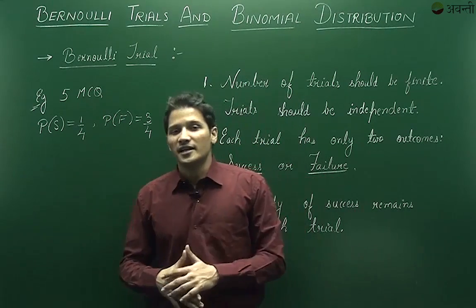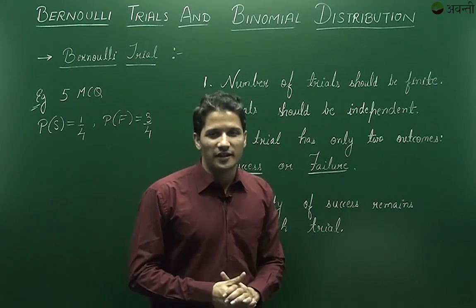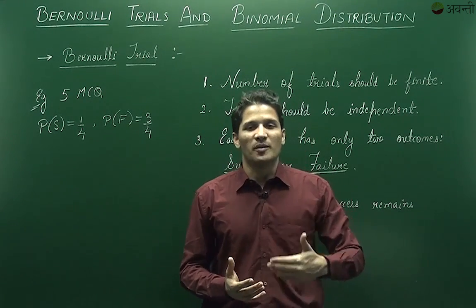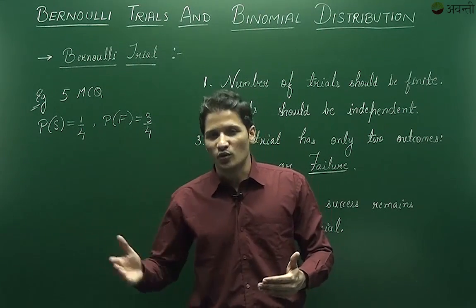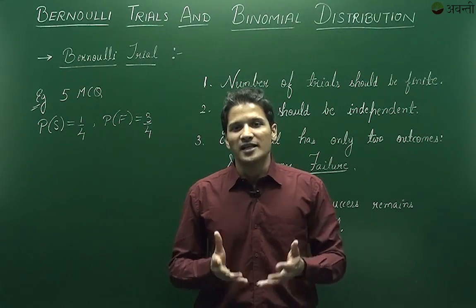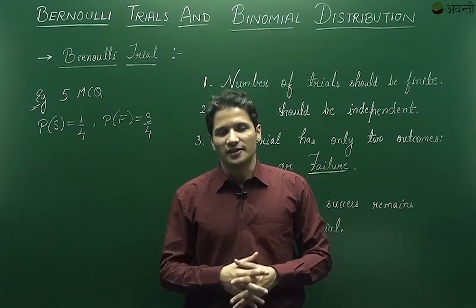The second condition says that trials should be independent. If I attempt question number 1, it won't affect attempting question number 2, 3, 4 and so on. So attempting each question is an independent activity. Hence the second condition is satisfied.